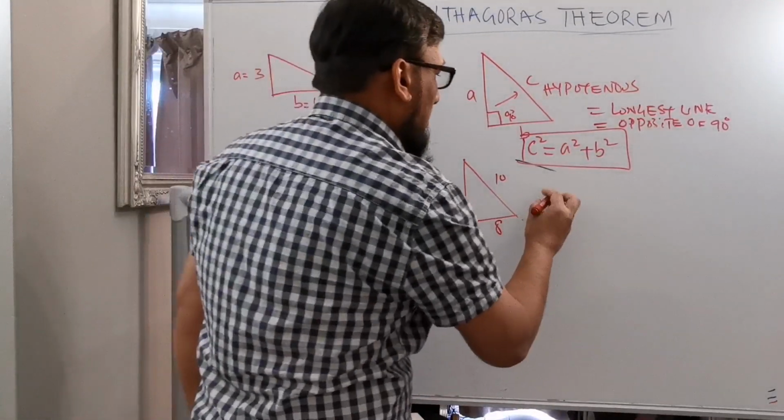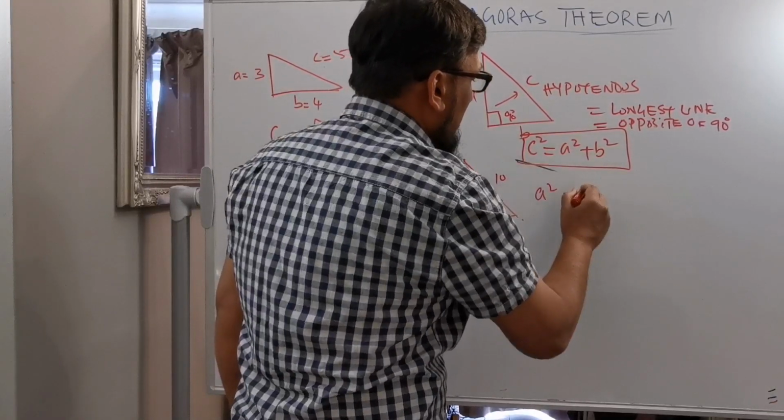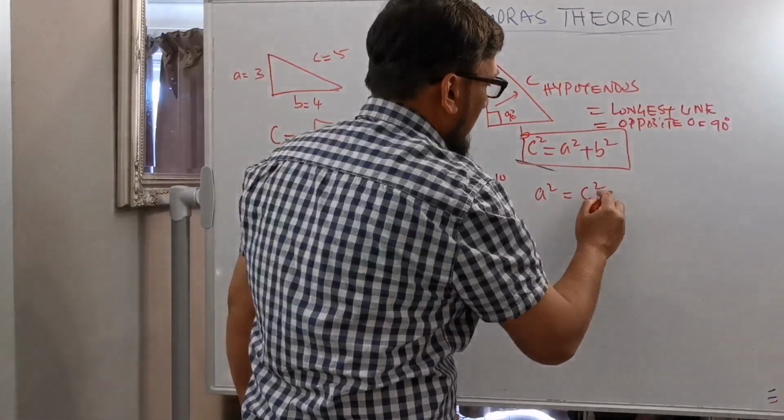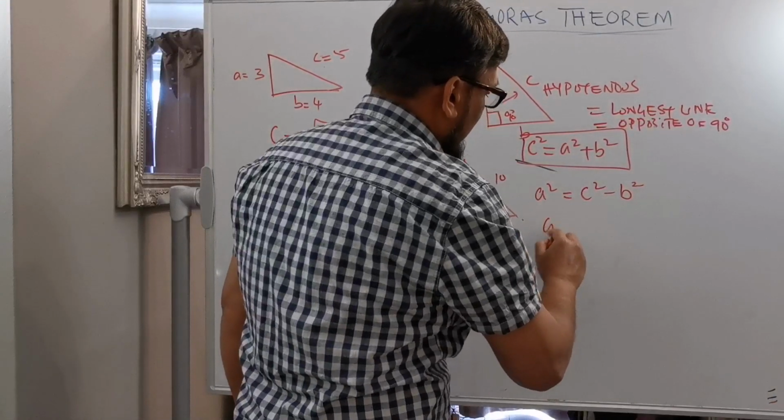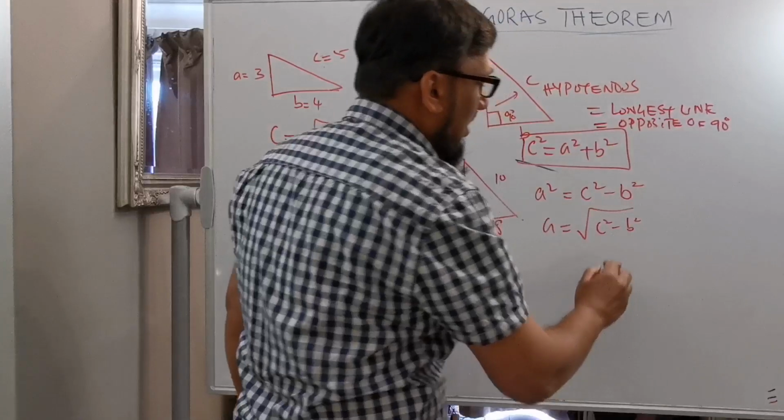If I move A square across, A square equals C square minus B square, so A equals the square root of C square minus B square.